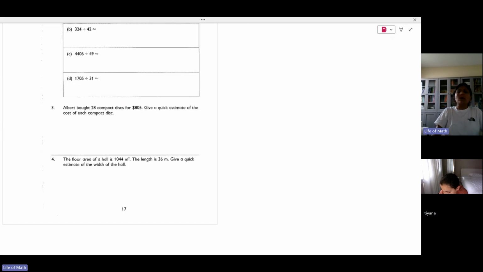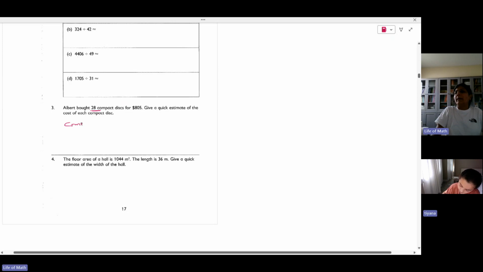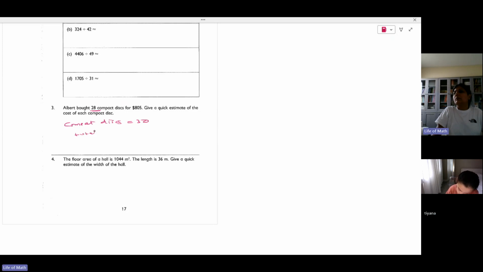So if you do this, compact disc equals 30, then the total cost we need to consider as $900. Therefore, cost of one compact disc equals 900 divided by 30, and that is $30.